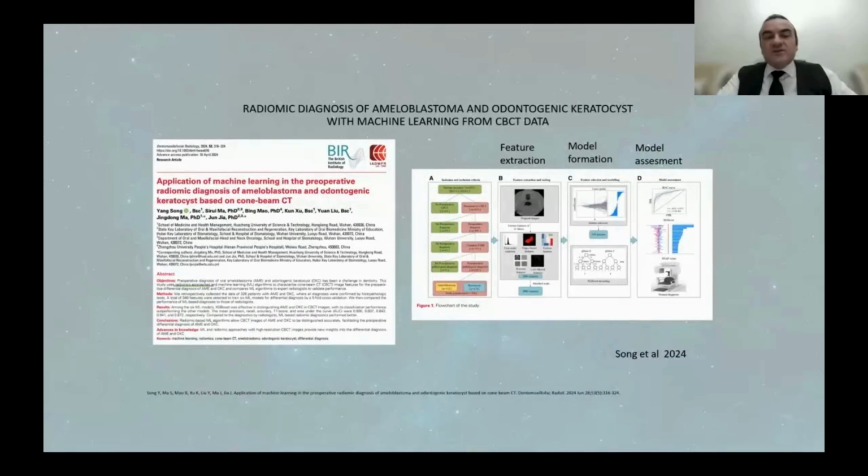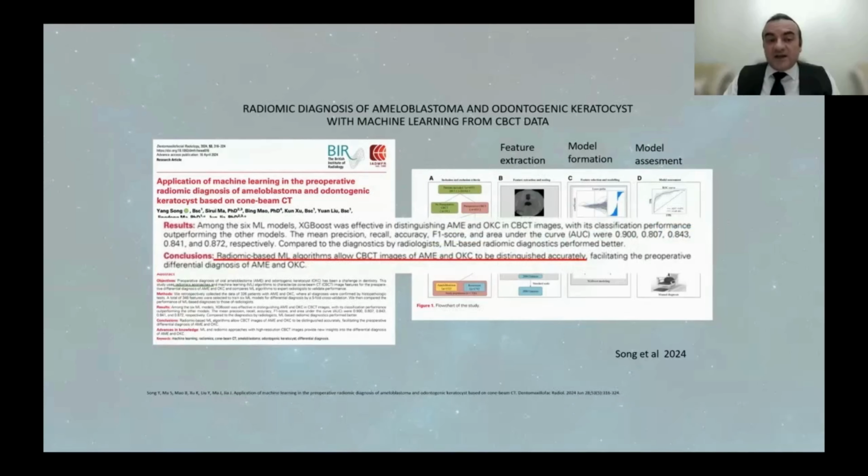Another example, as all of you know, is that the diagnosis of ameloblastoma and odontogenic keratocyst is quite challenging, even with pathology. But nowadays we are applying radiomics together with machine learning methodologies, and the performance is quite high in distinguishing them from CBCT images.